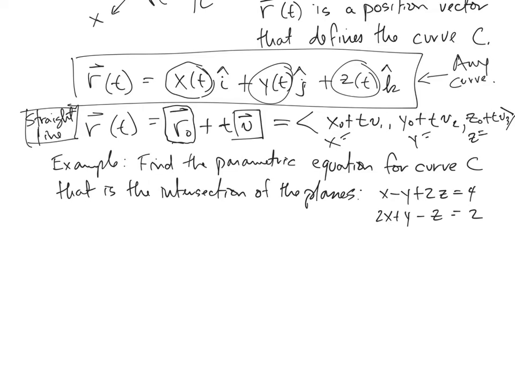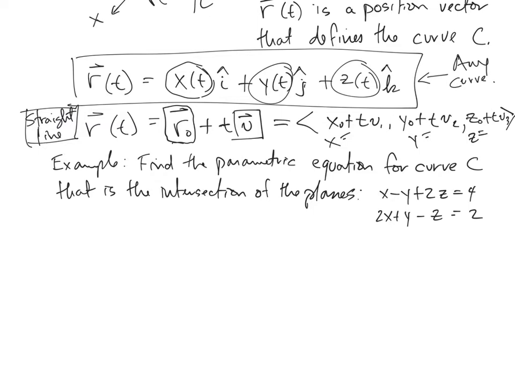What kind of curve do you get when you intersect two planes? We've done this before, right? What's the intersection form? A line, right? A straight line. We've done this before. So you could use those plane equations to get vectors and points, and you could come up with the line equation. Might be a good practice problem to do.